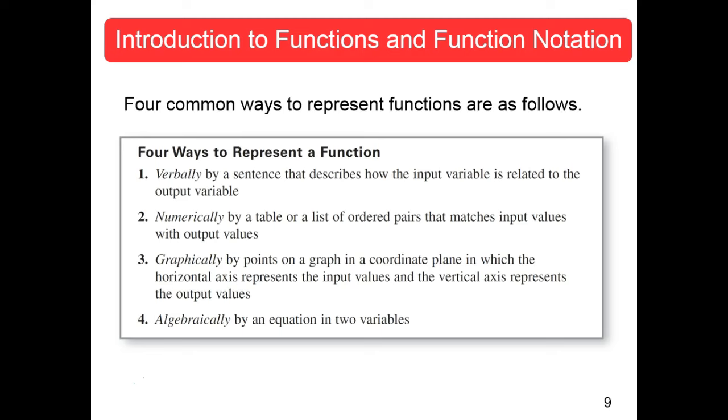So that would be graphically by points on a graph in the coordinate plane, in which the horizontal axis represents the input values, the domain, and the vertical axis represents the output values. And then finally, algebraically, and we did this at the very beginning, by either an equation or something like that in 2 variables. I is equal to 1,000 R. That was one we had at the very beginning.